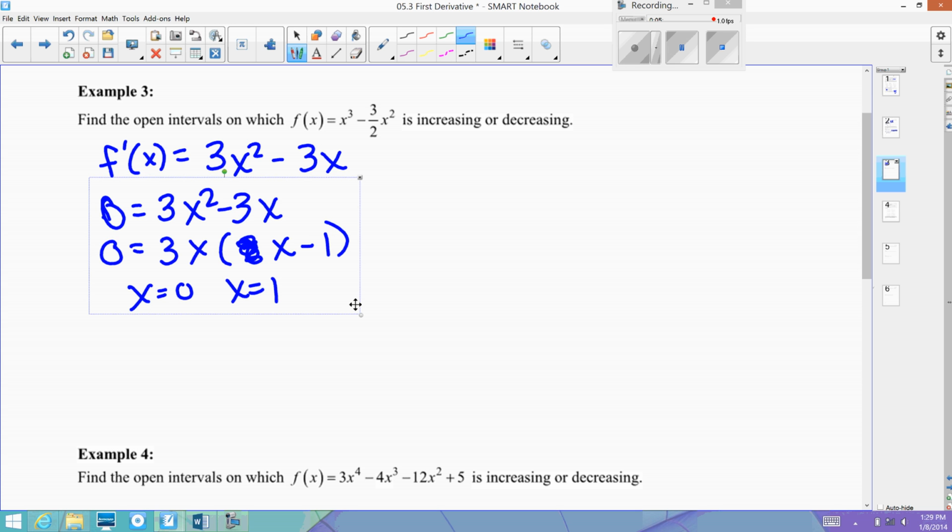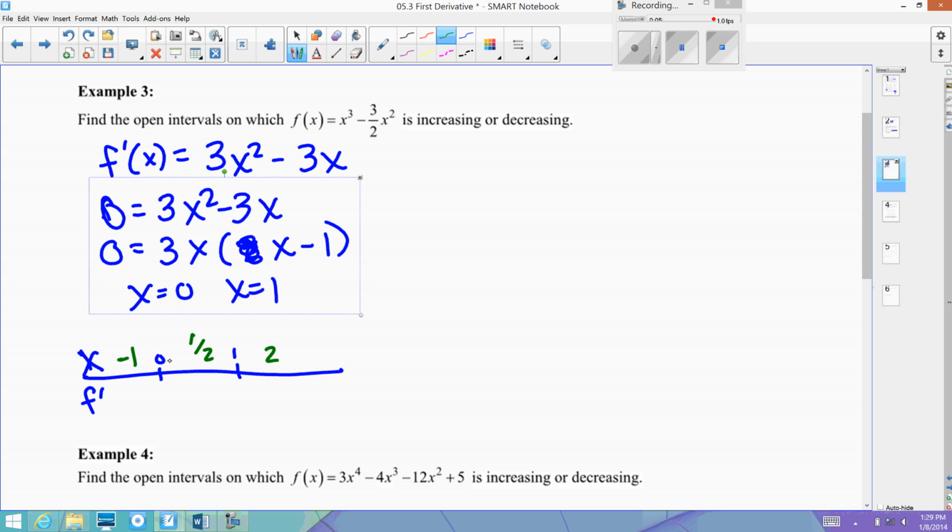So one thing that we can do now is analyze our function. If we put the x values here and the derivative values here. All right, x is 0, x is 1. So if we pick some different numbers in between those, so maybe if we pick like 1/2, 2, and -1, you can see what's happening.